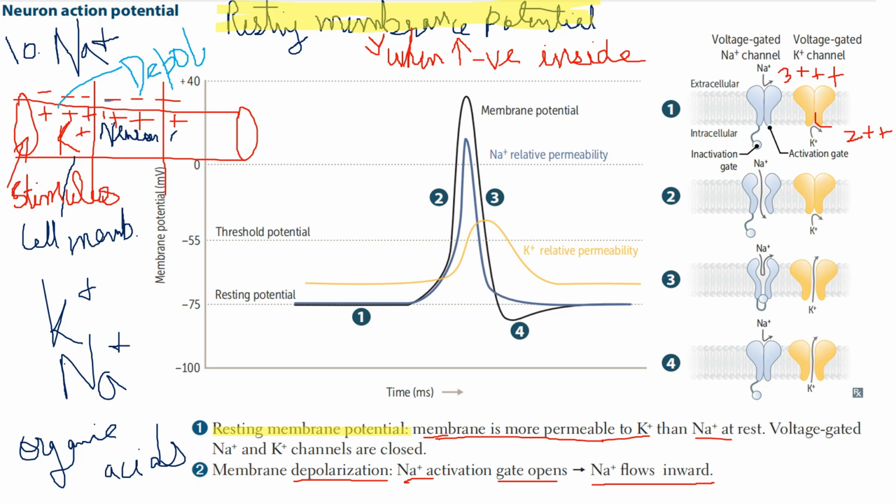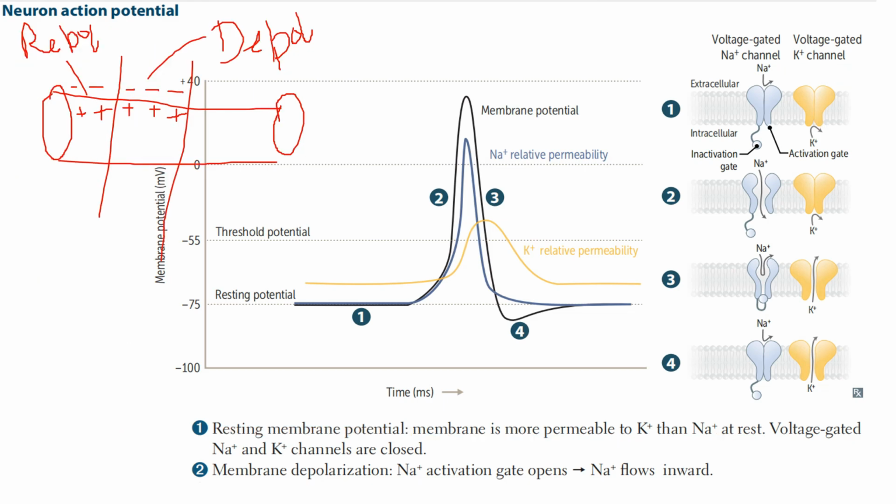Now because this portion is getting depolarized, this one is also getting depolarized. The area which is left behind is not called depolarized, but it is going to get repolarized. When this area is getting repolarized, the charges are going to return to the original.